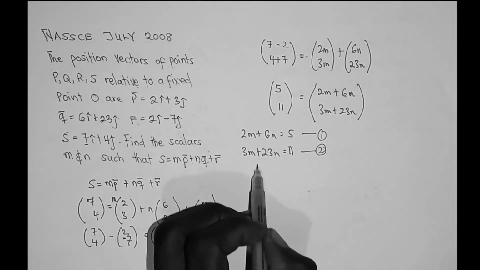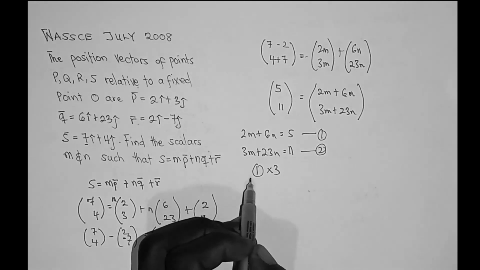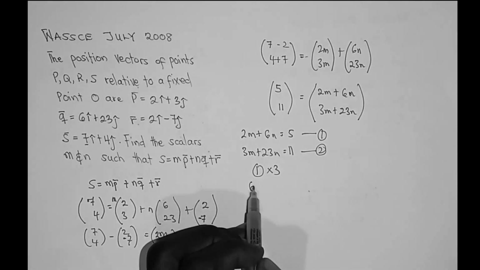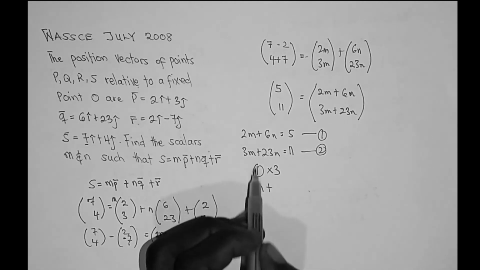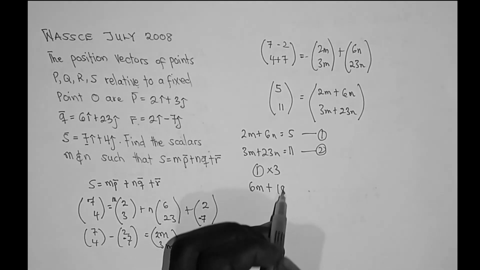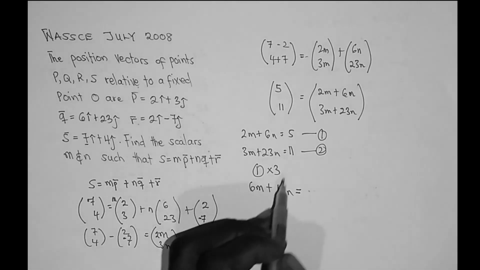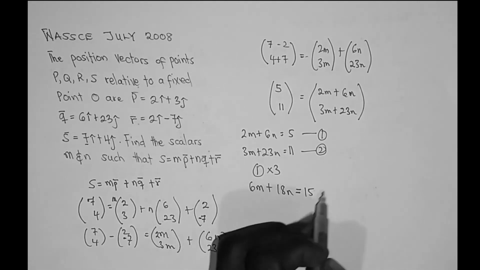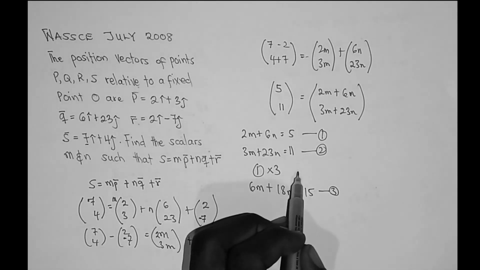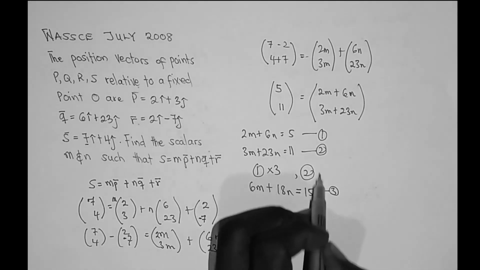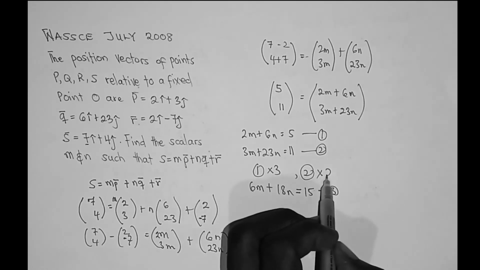So equation 1 times 3, what will we get? 3 times 2m is 6m, plus 3 times 6n is 18n, equals 3 times 5 is 15, equation 3. And let's multiply equation 2 by 2.